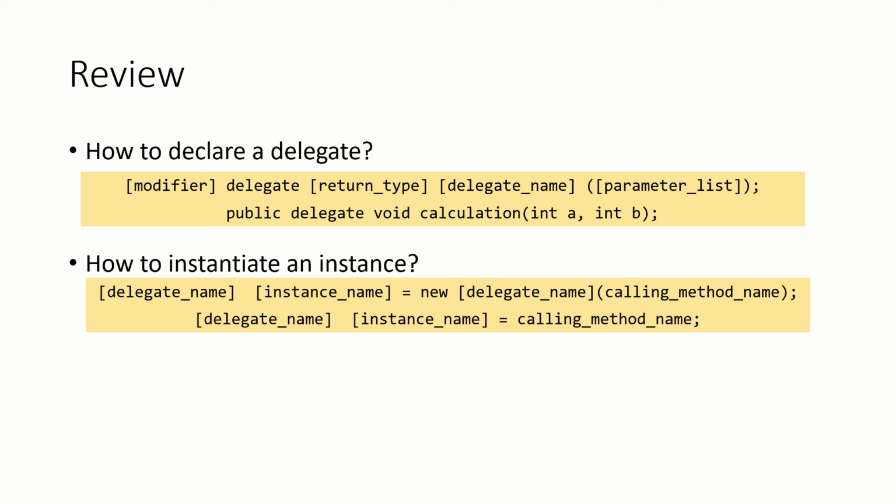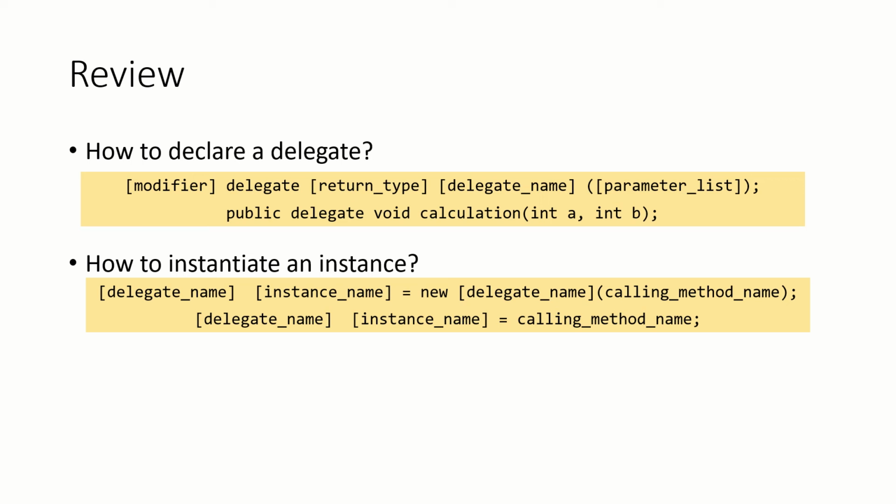For a delegate, you need to assign it a method which matches its return type and parameters. There are two ways to initialize this delegate.